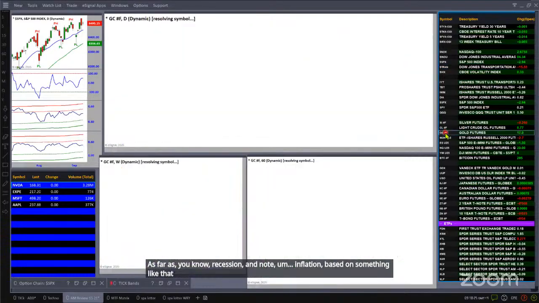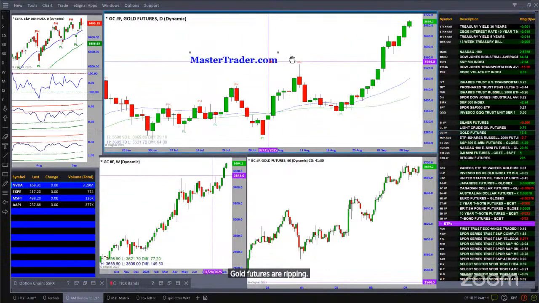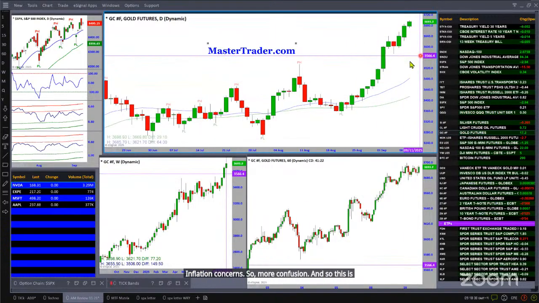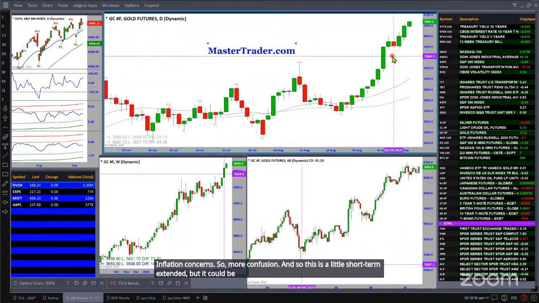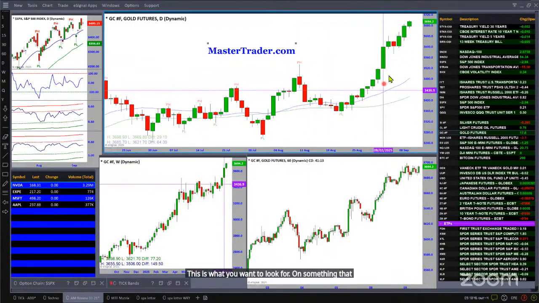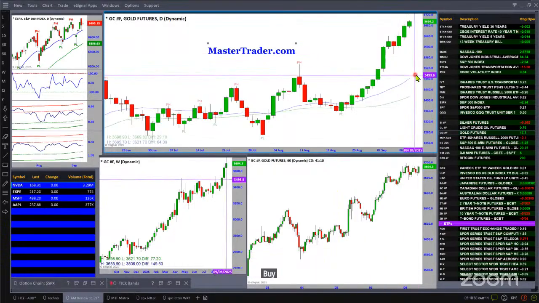Yet gold futures are ripping, which is based on inflation concerns. So more confusion. And so this is a little short-term extended, but it could be a measured move. This is what I call a correction bar. This is what you want to look for on something that made a move out of a base as a continuation pattern. Buyers on a dip, even though extended. All right, interest rates.